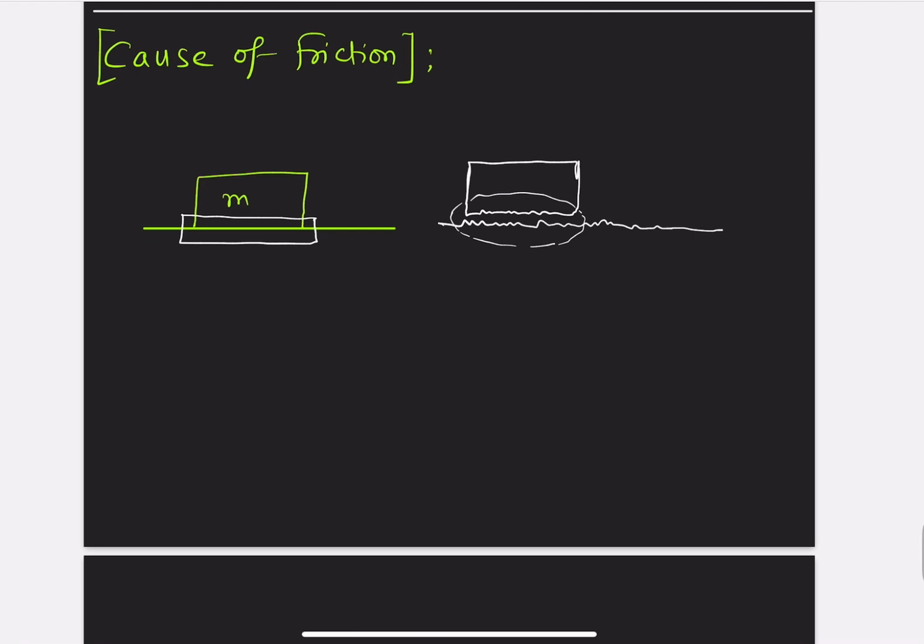So guys, when one body, like if I show you, just take this, when this body tries to move on this, what is going to happen? There are some interlockings made here. So when it moves, it will break the teeth of each other.